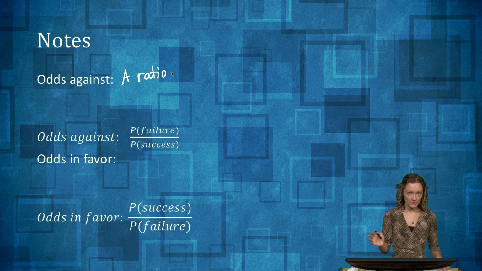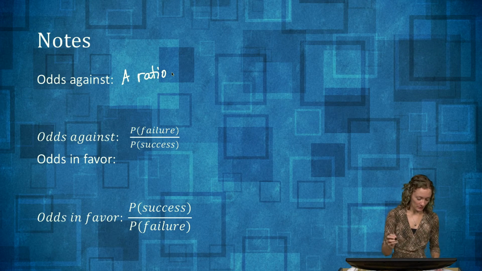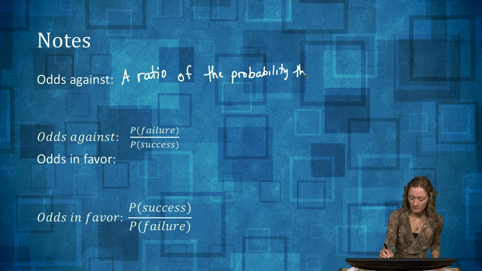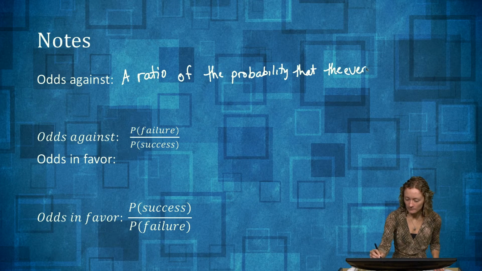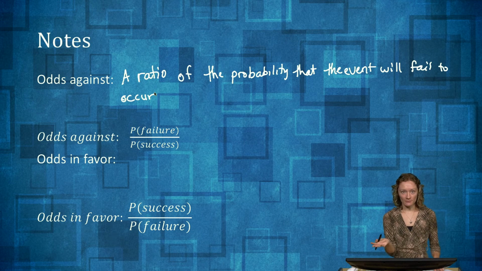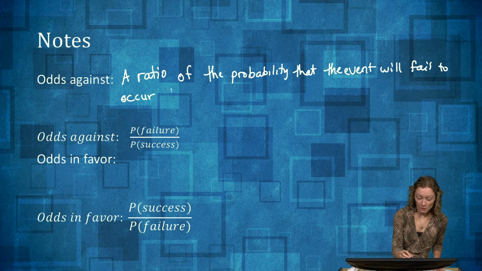A ratio is comparing two things to each other, so it's a ratio of the probability that the event will fail to occur, to the probability that the event will occur.